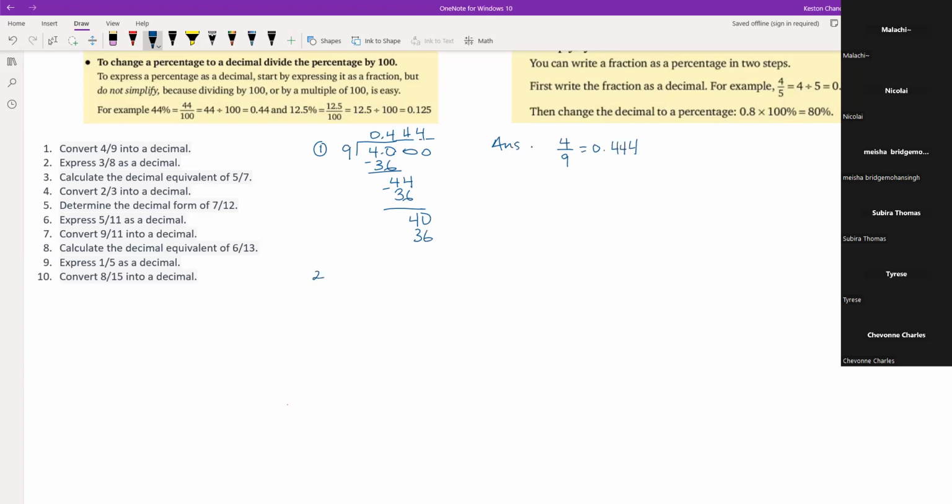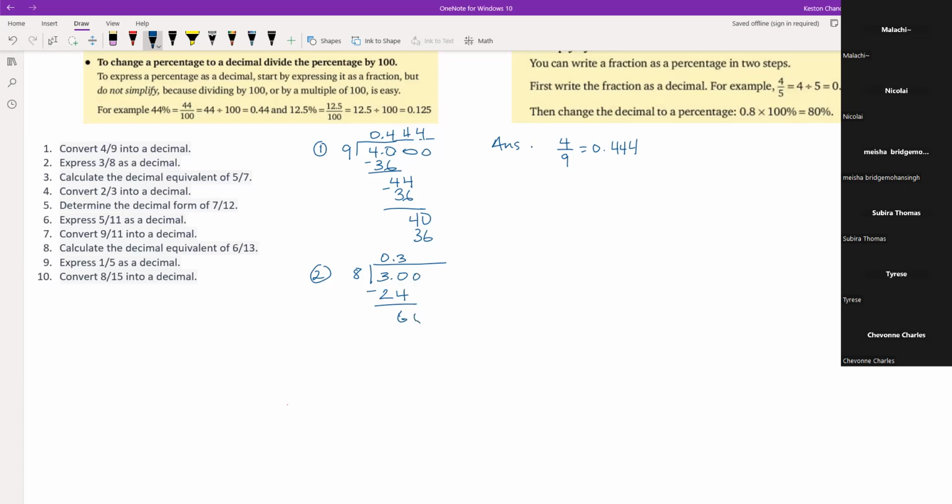Number 2, this was in our example, 8 into 3 is 0, 8 into 30, 3 8s are 24. That's going to leave us with 6.